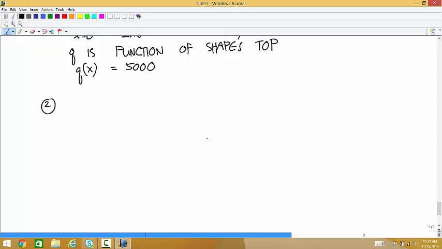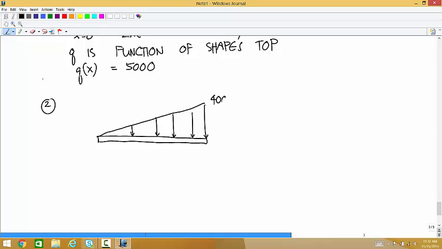Okay, so now how about this one? If you think you're so smart. So let's say this is 4,000 newtons per meter. Let's say this is 2 meters.